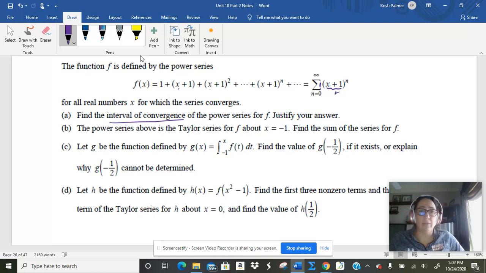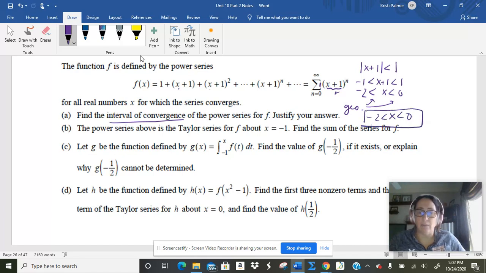So on part A, if I want the interval of convergence, I know I'm looking for where the absolute value of r is less than 1. And now I'm going to do some algebra. And since this is geometric, the endpoints are going to diverge, so it stays just like this, and we do not have to check them.